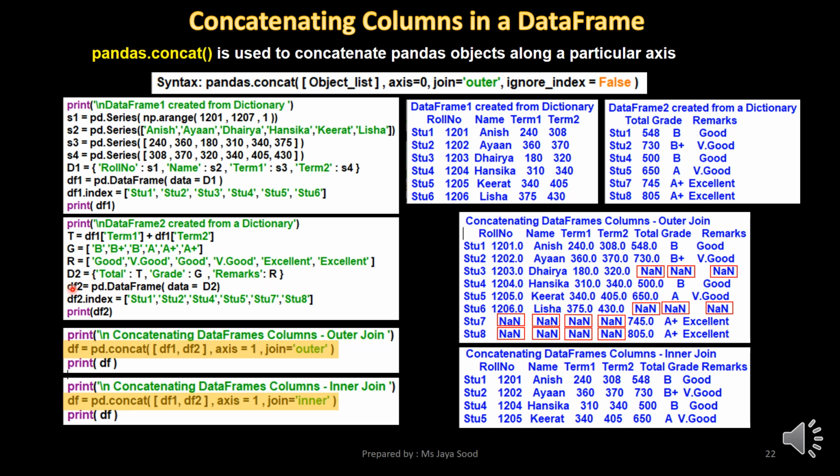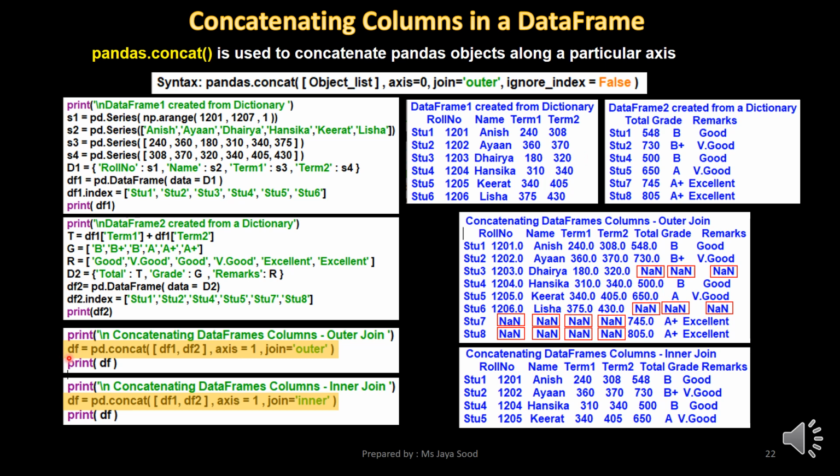The data frame object df2 is created from this dictionary D2 and the index is set to stu1, stu2, stu4, stu5, stu7 and stu8. So you can see here in the output that the data frame object df2 has 3 columns: total, grade, remarks, and the indexes are set to stu1, stu2, stu4 and so on.